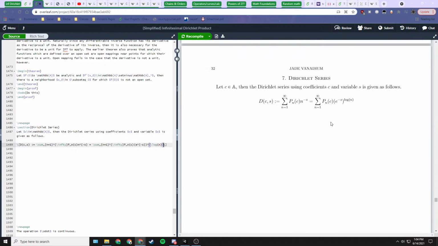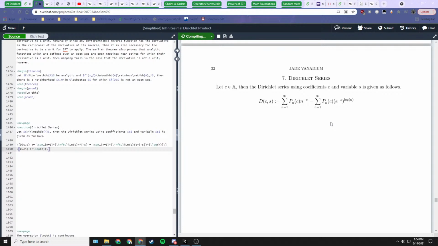So if we had a log n going only through integers, of course this wouldn't happen. So another way we could do this is if we just did a change of variables. For example, z equals e to the power of negative s divided by log 2. That would be an example.